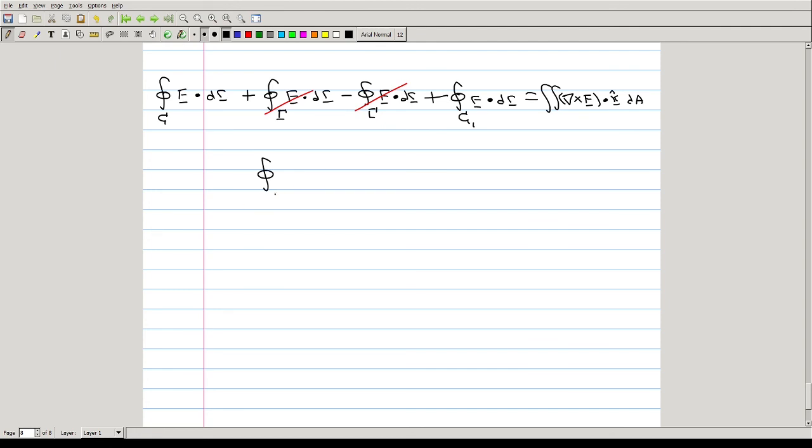This is saying that the circulation around any curve C of f dot dr plus the closed contour integral around C1 of f dot dr, this sum is equal to the double integral of the curl of f over the region R.